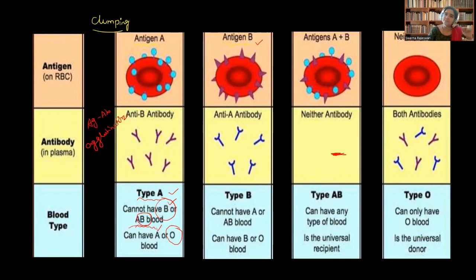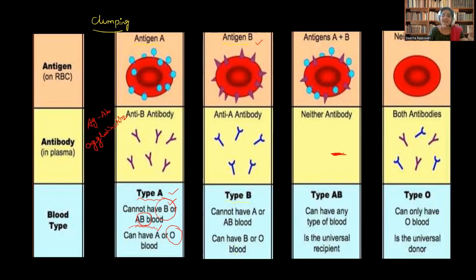Already his body contains B antigen on the surface of the RBC. So whenever he is exposed to other antigen, when he gets the blood from another group person, his body produces A antibodies.